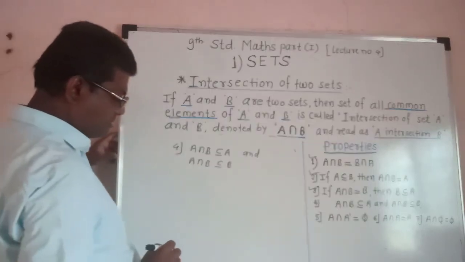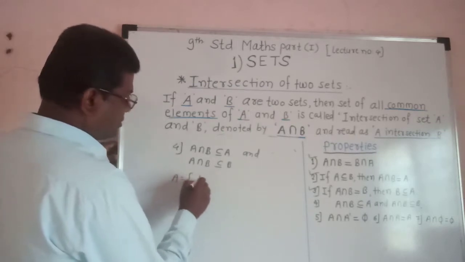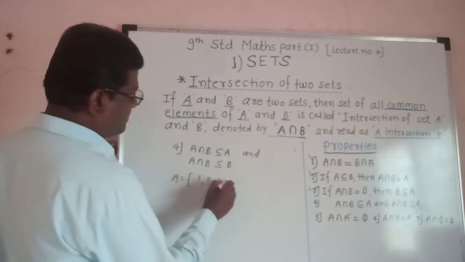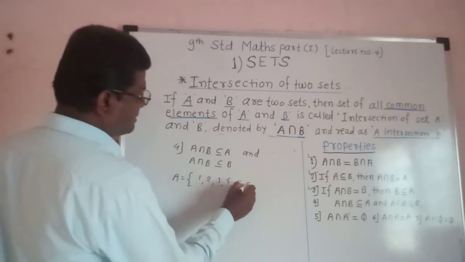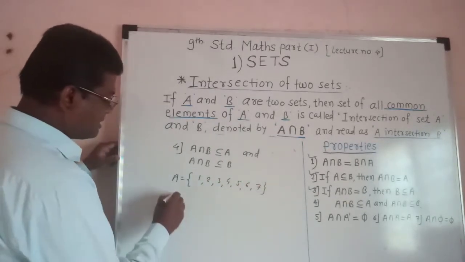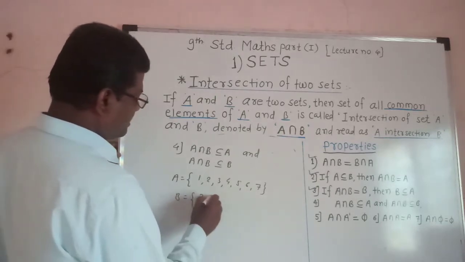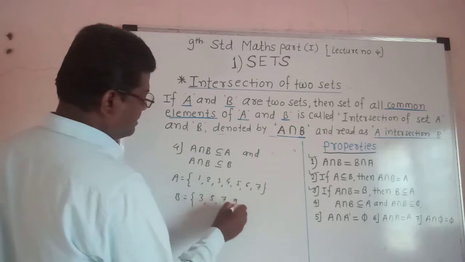Now let us consider the sets. Set A is equal to 1, 2, 3, 4, 5, 6, 7, and set B is 3, 5, 7, 9, 11.